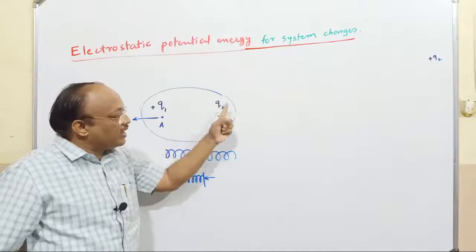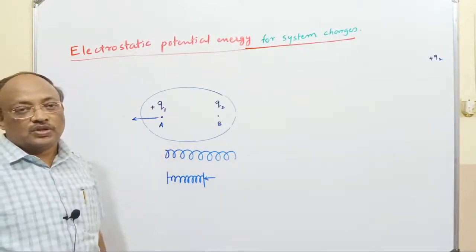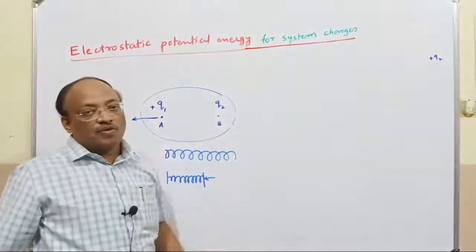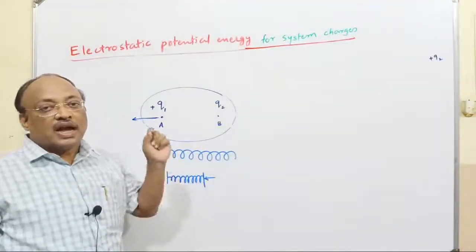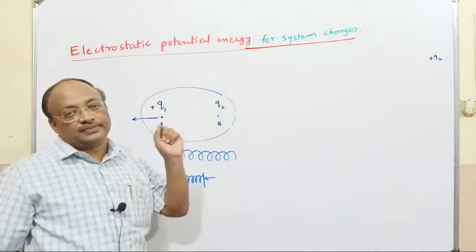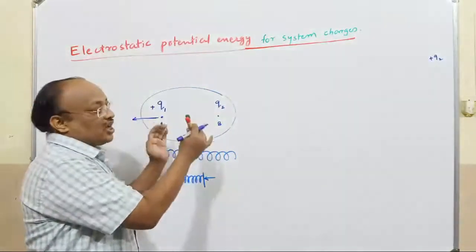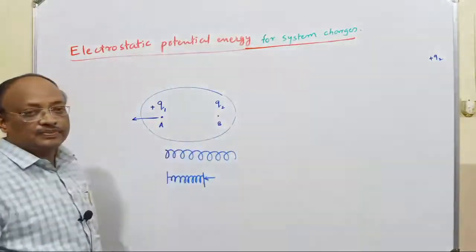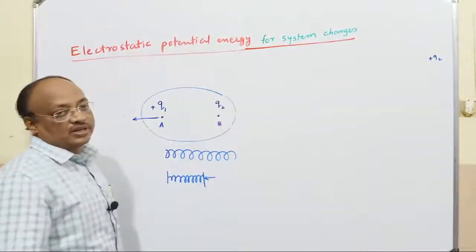Therefore, electrostatic potential energy for a system of charges is the amount of work done to assemble the charges at the given locations.